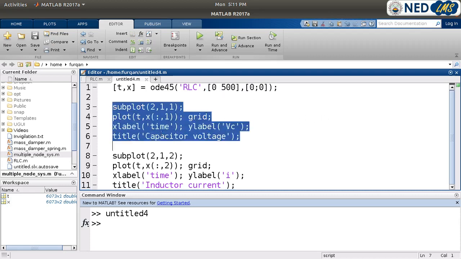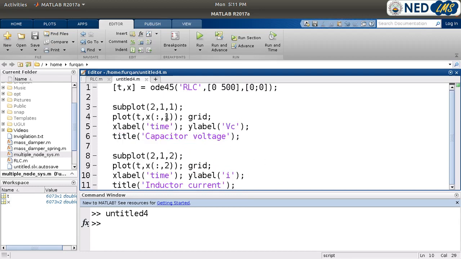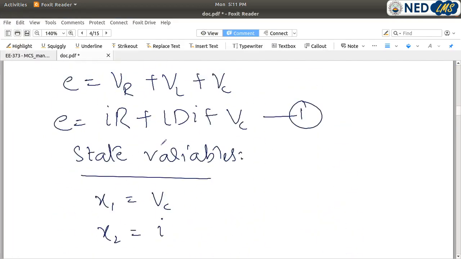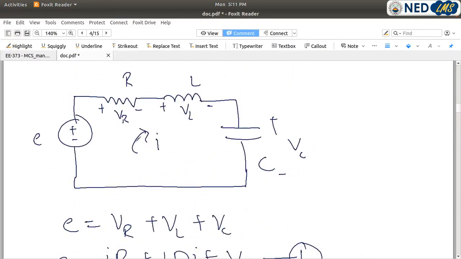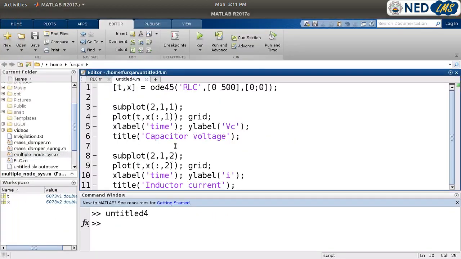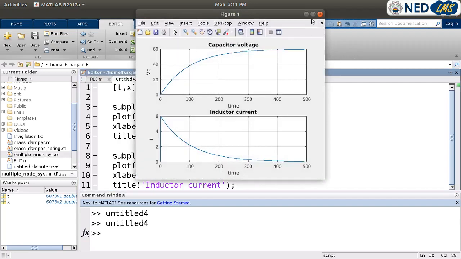Now here we have plotted these two state variables. The first state variable x1 is Vc, as we have considered here, and the second state variable is the inductor current, or we can say the loop current, as the same current is flowing through all the elements. So the first state variable x1 is the capacitor voltage, and the second state variable x2 is the inductor current. So let's run this script.